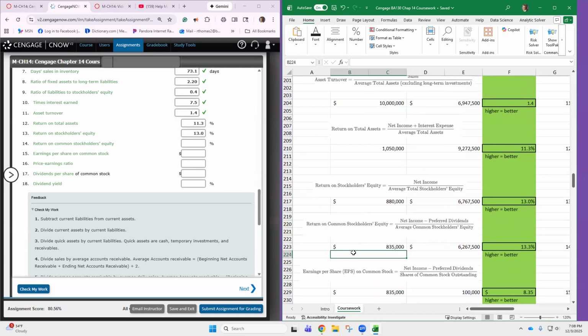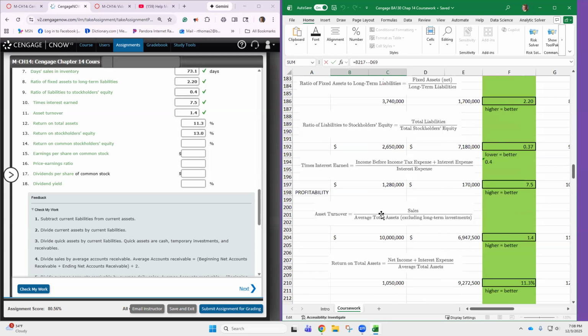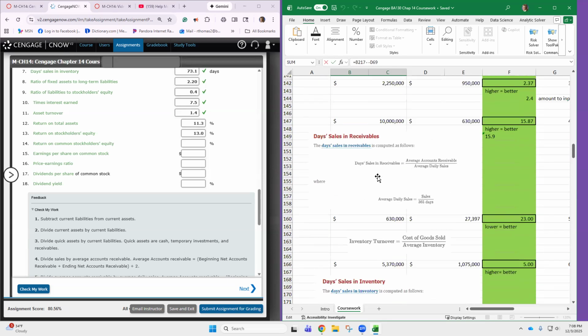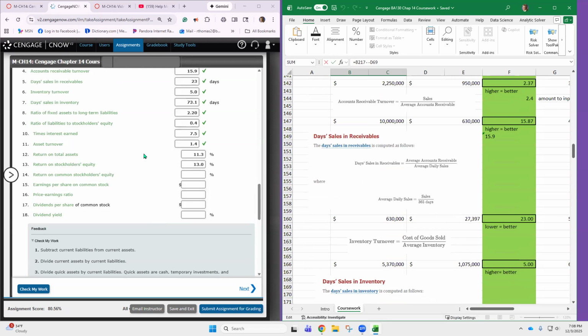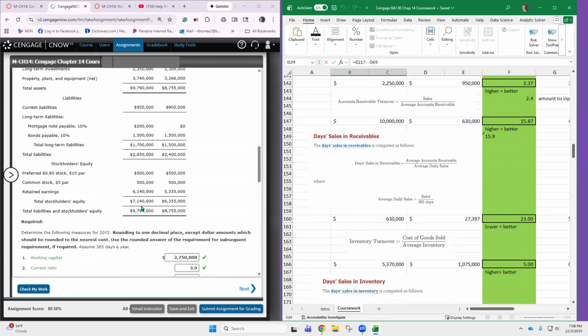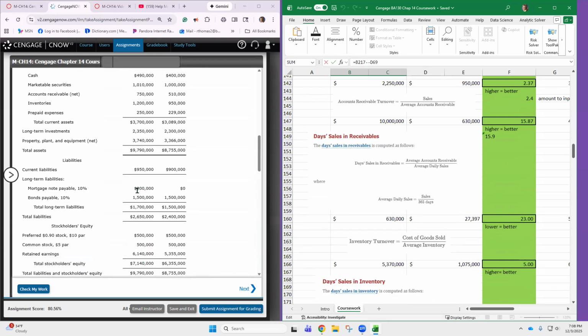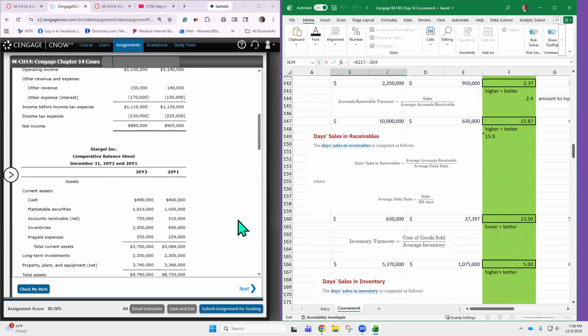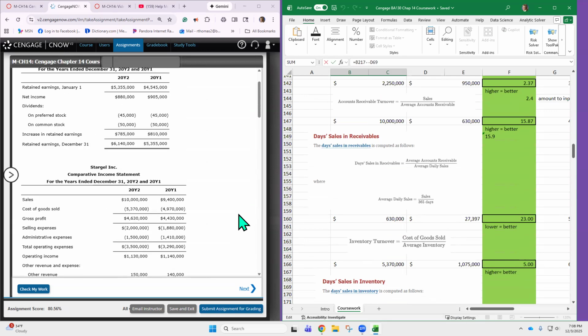One more time, if you want to know what those numbers are, there's my net income because I already used it before. And then my preferred dividends, back up here when I put all the numbers in, you just have to find it. There we are, preferred dividends.